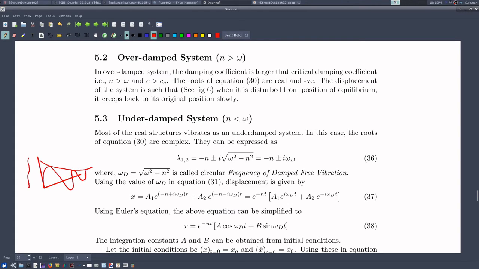So gradually the amplitude of vibration will decrease. All right, and that is what happens in all real vibrations, right? Gradually the amplitude of vibration decreases.